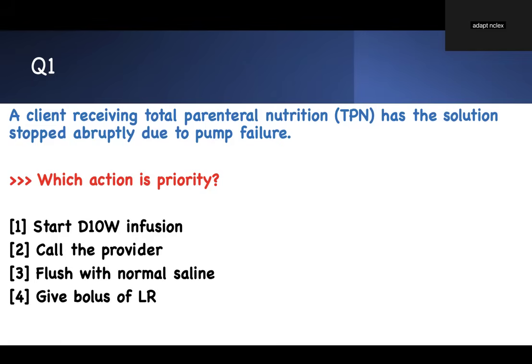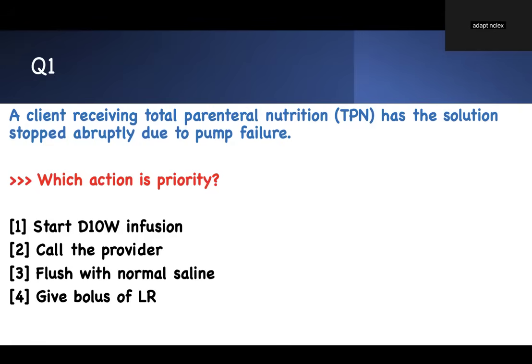They're more at risk of hyperglycemia. But when you stop the TPN, what is going to happen to the patient? Hypoglycemia. Therefore, with abrupt discontinuation of TPN, the first thing you need to do is to prevent hypoglycemia. Which of these fluids will provide glucose to the patient?